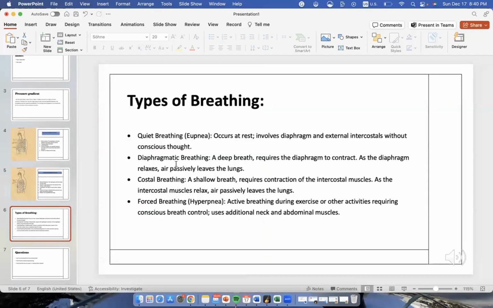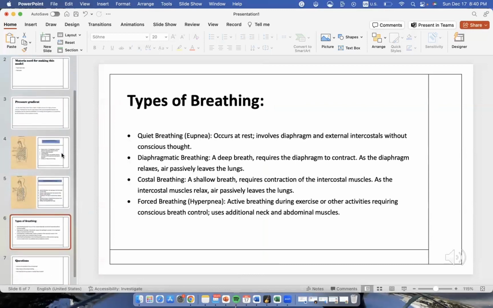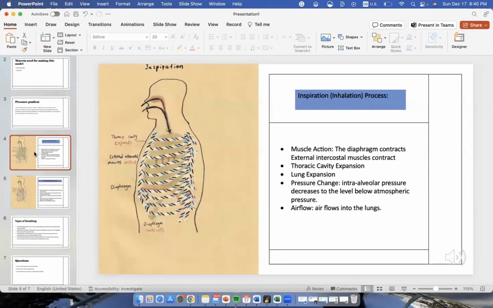As an extension of pulmonary ventilation, we can talk more about the types of breathing. The first one is quiet breathing. This is a breathing process that occurs at rest. It involves the diaphragm and the external intercostal muscles, as we discussed previously with these two models.